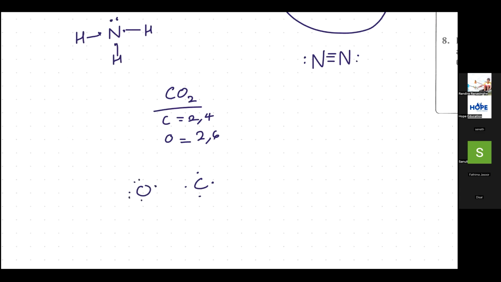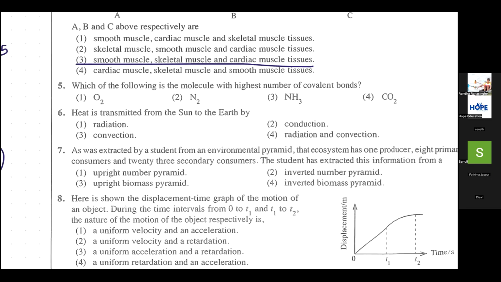If you take another oxygen, 1, 2, 3, 4, 5, 6. So the electrons form bonds with this one, with this one, and with this one. Like this. So there are 4 covalent bonds, then the answer is CO2.